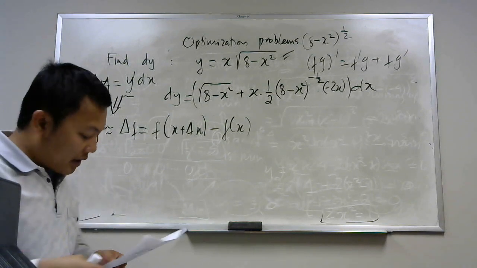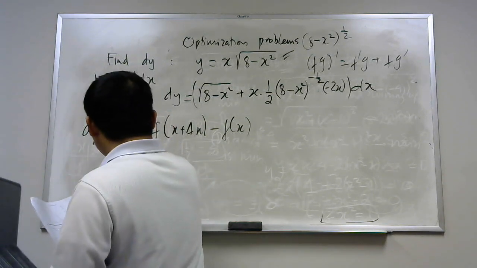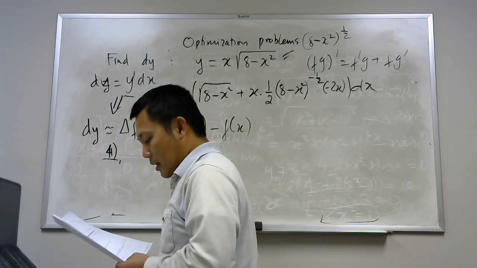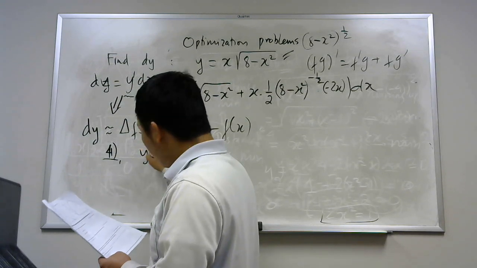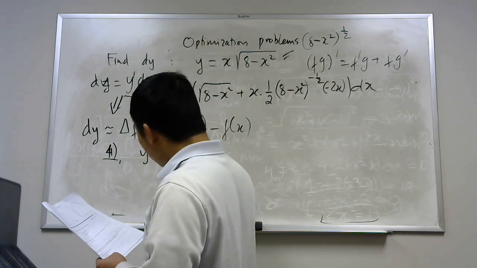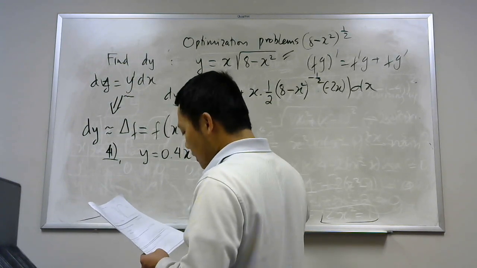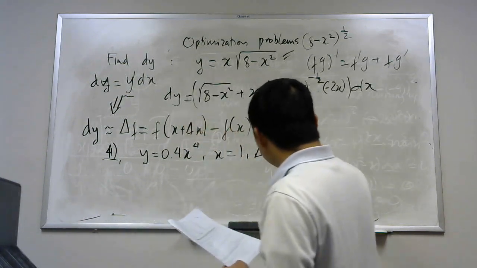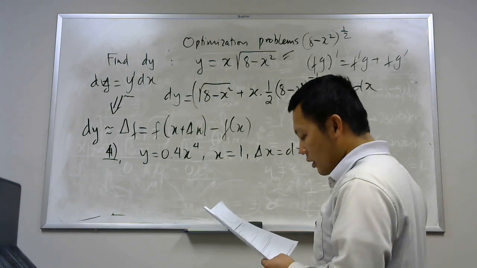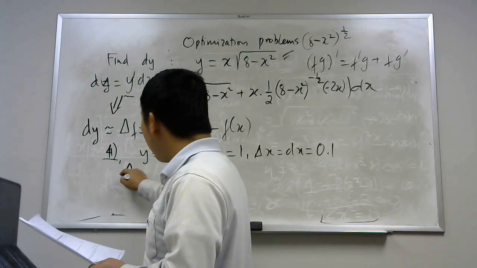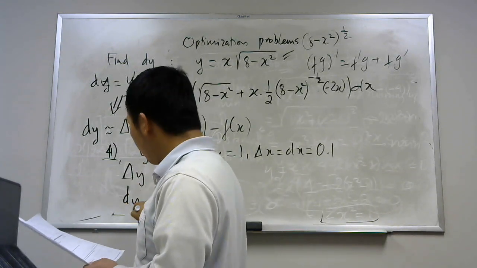Okay, so that's how we can use differential to do this. And our function is the problem 4, right? We have y equal to 0.4 x to the 4, x equal to 1, delta x equal to dx equal to 0.1, and you need to find delta y and you need to find dy.